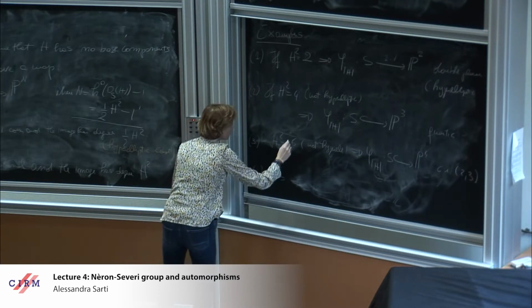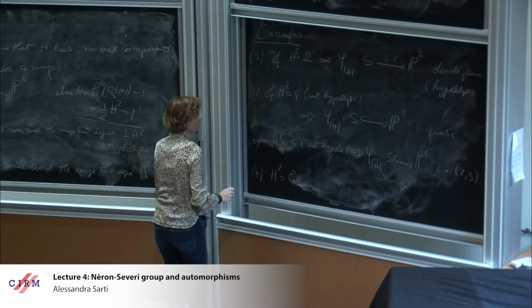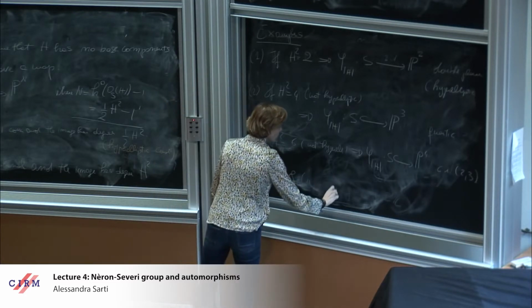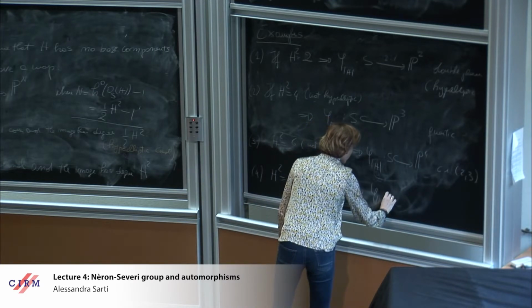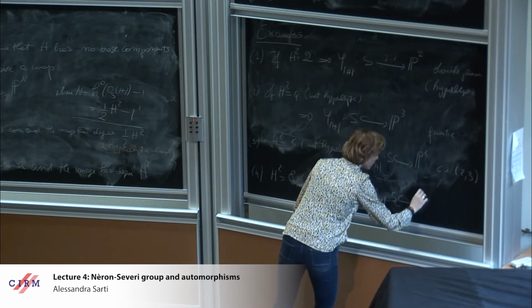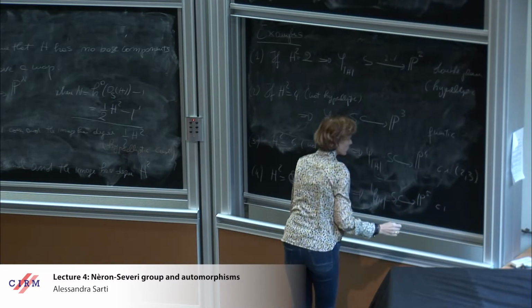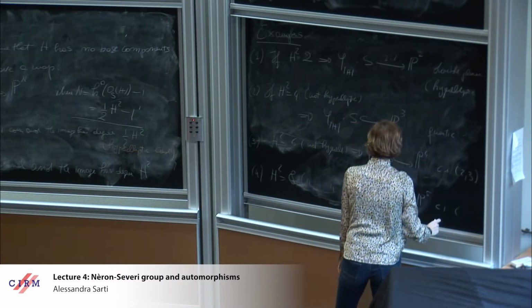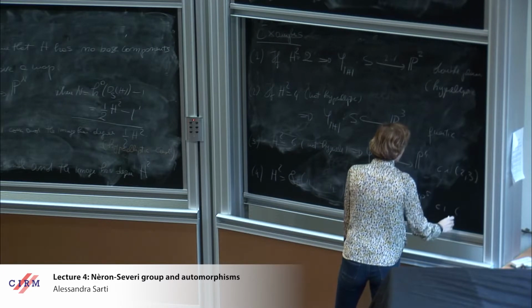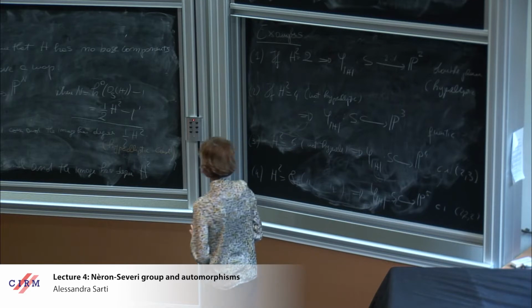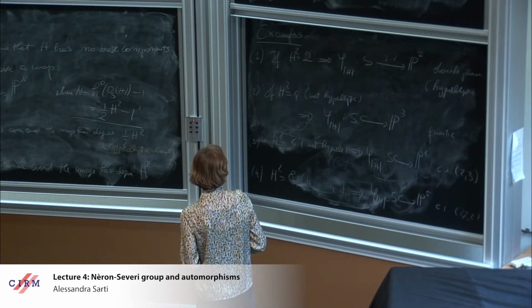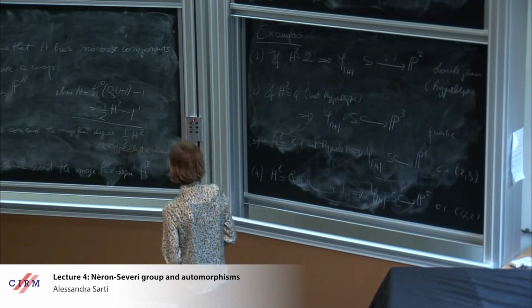Just to see again from another point of view what we have seen at the beginning of the lecture, S is in P5, a complete intersection of type 2, 2, 2.